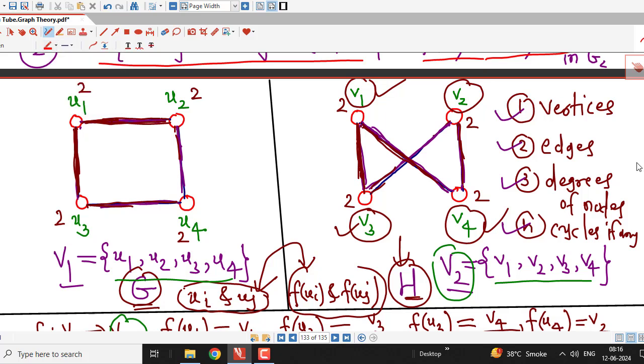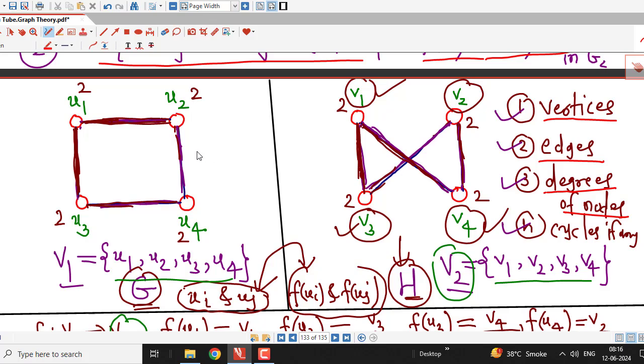Again I summarize whatever I have explained. To check whether two graphs are isomorphic or not, we first have to verify all these properties which are invariant properties for isomorphic graphs. First we check whether the graphs have the same number of vertices and the same number of edges. Then we can find the degrees of each vertex in both graphs, and check whether corresponding degrees are the same or not.